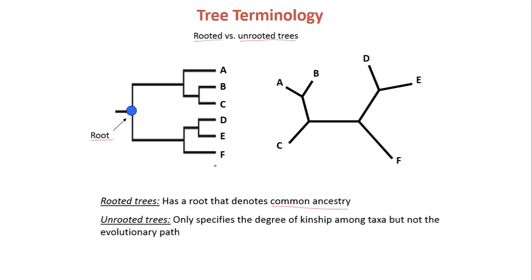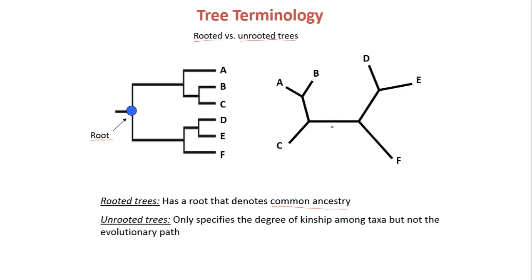On the other hand, your unrooted tree would only specify how the operational taxonomic units are related to each other, but it won't give you the evolutionary path in which these operational taxonomic units have evolved.